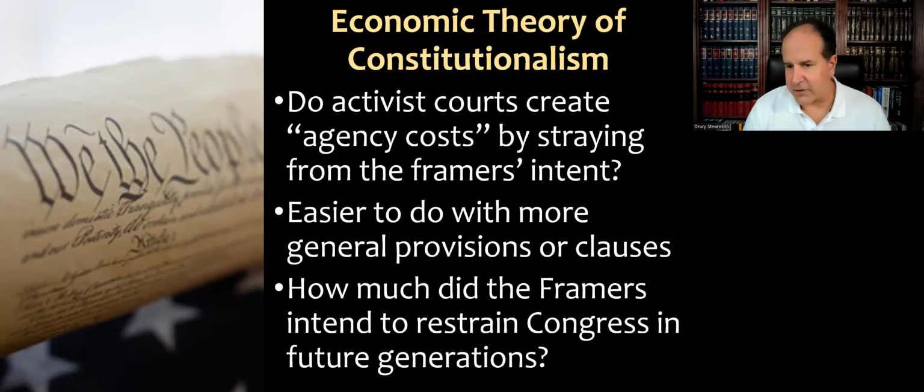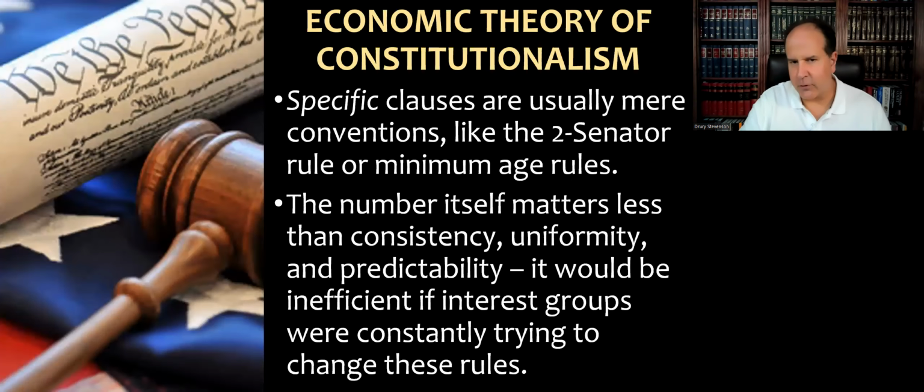Some of them were very concerned that the language they were putting into the Bill of Rights would be construed too broadly someday by future courts. And so the question is whether that shows they wanted the courts to be faithful to their intent, or whether they recognized that they had created a document that inherently allowed for that, and therefore needed to choose their words carefully if they didn't want them to be reinterpreted later on.